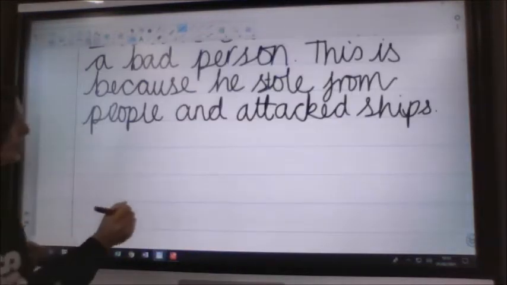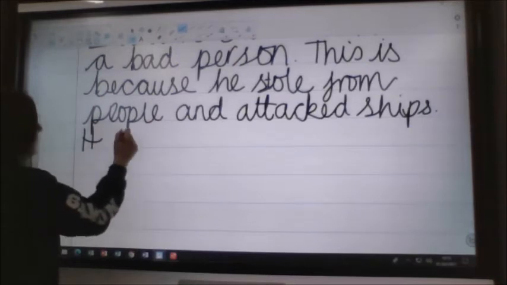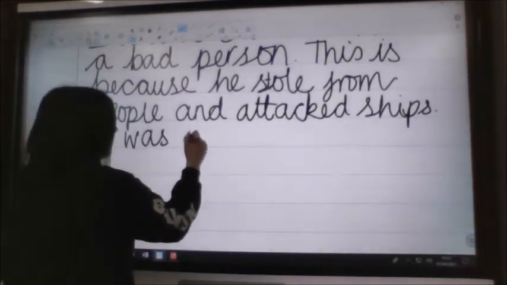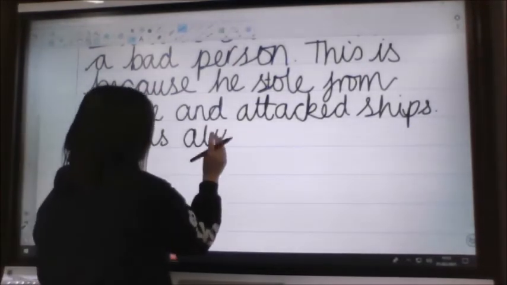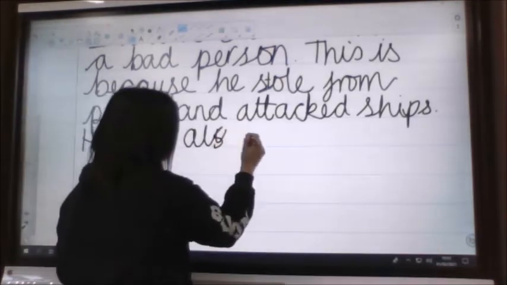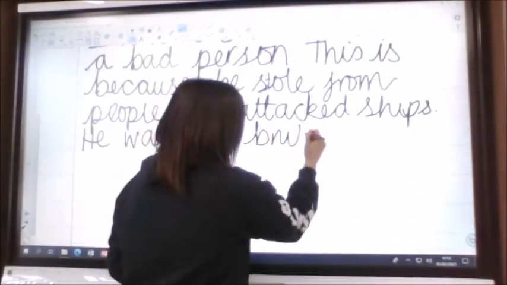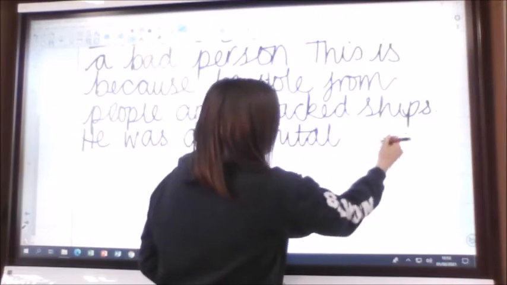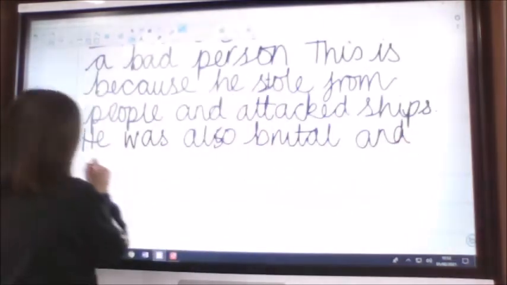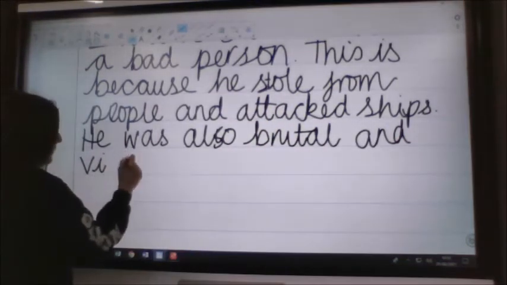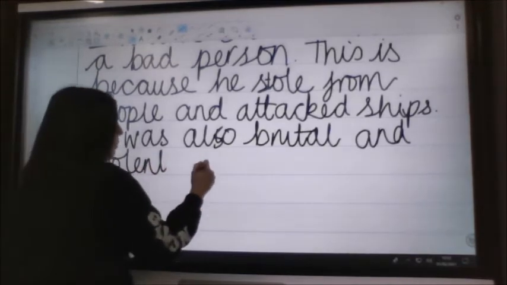So I'm going to put he was also brutal and violent when he attacked.